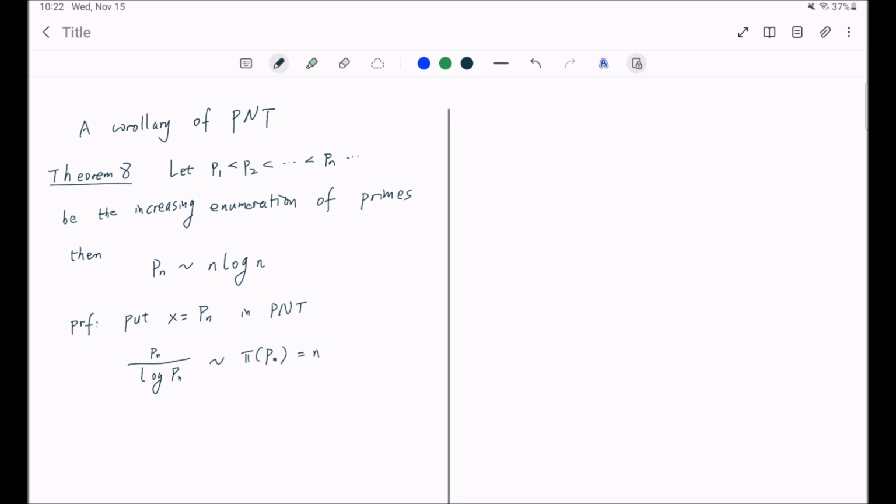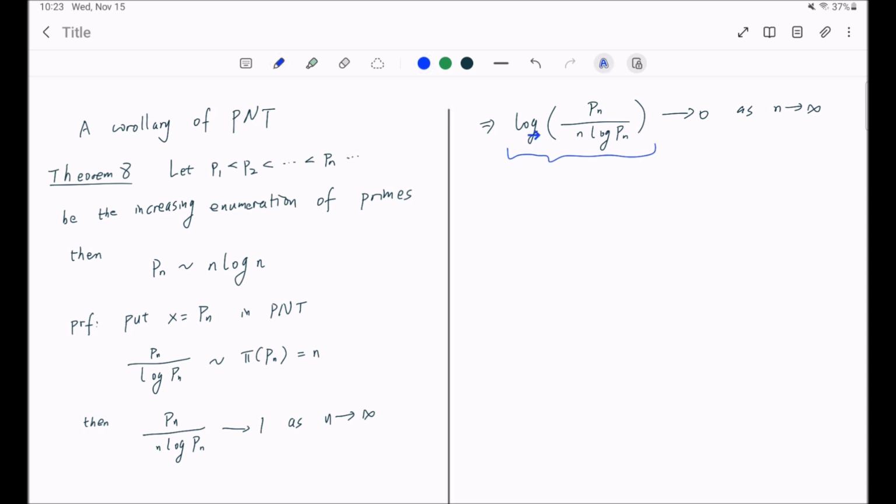Then it follows that if you divide both sides by n, this ratio will go to 1 as n goes to infinity. Now we take the log of both sides. It follows that log of this quotient, p sub n divided by n times log of p sub n, converges to 0 as n goes to infinity.